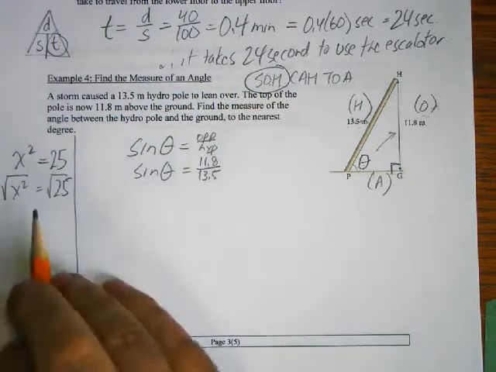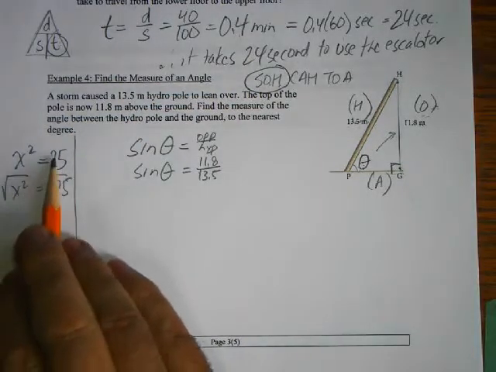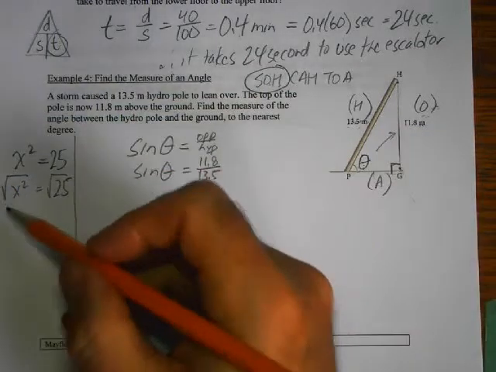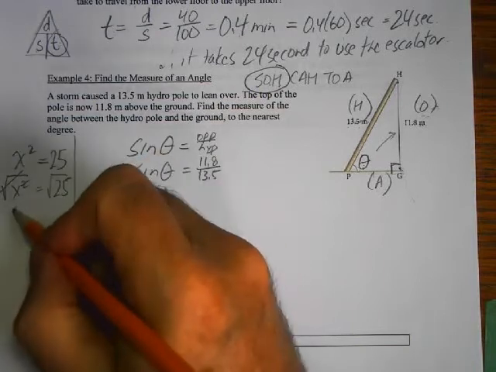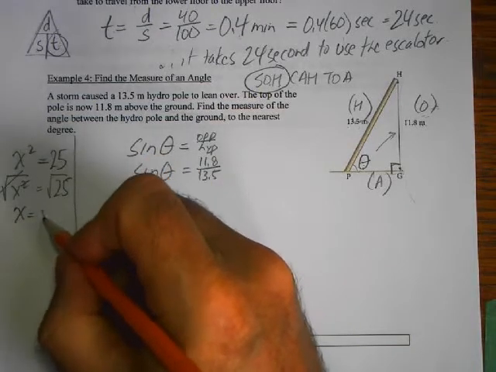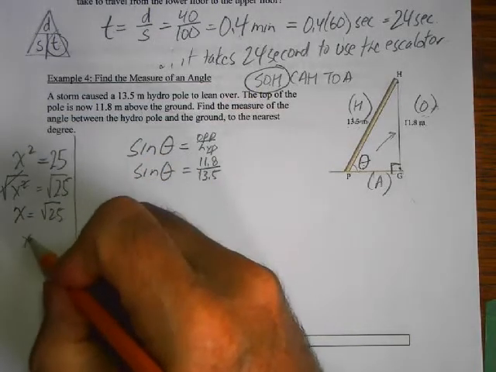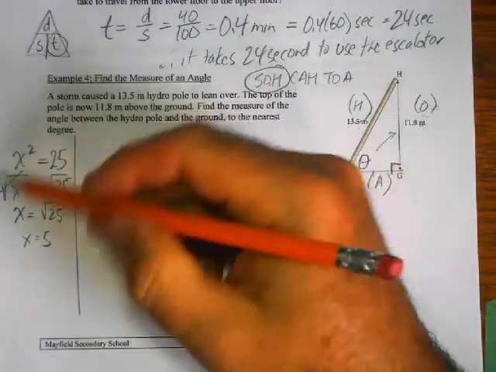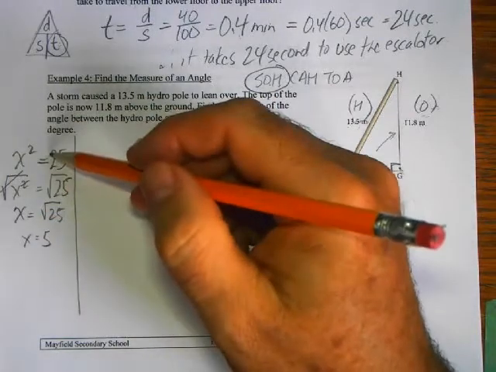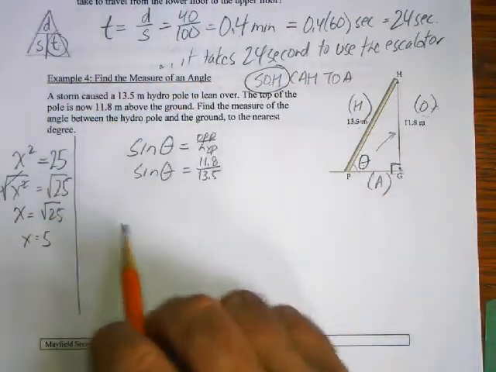I've done the same thing to both sides, and the square root and the square cancel each other out, and I get x equals the square root of 25, which is 5. Hopefully you've done this before. You had to do something like this with the Pythagorean theorem. So there's a similar strategy here.